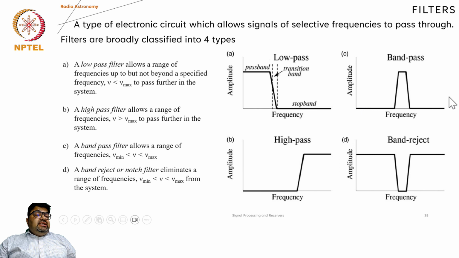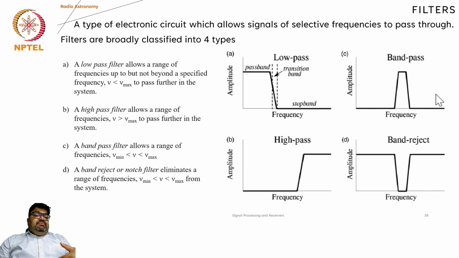A band pass filter, as the name suggests, allows operation within the minimum and the maximum frequency as it is designed for. So it allows that pass band to pass and restricts the frequencies outside the band from transferring.